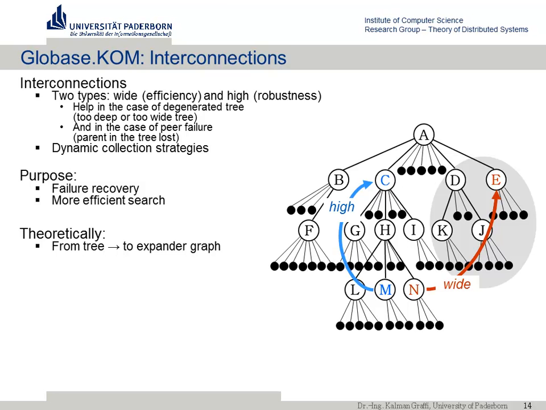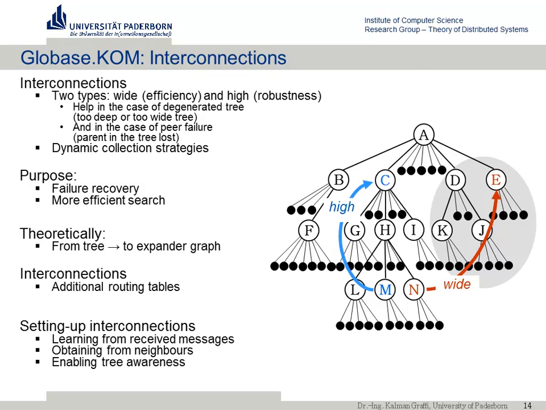So the high interconnections, which range up, are for failure recovery, and the wide ones are for more efficient search. And from a theoretical point of view, the idea is to extend the network and the tree to create an expander graph. That means that the diameter of the network becomes quite small, and you can reach any point quite quickly.